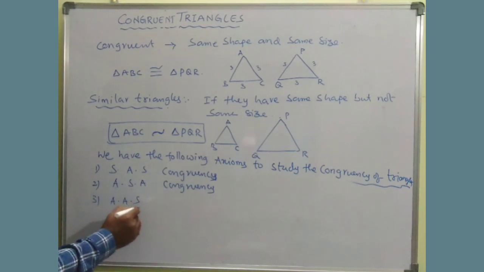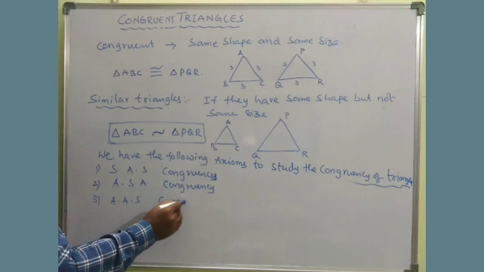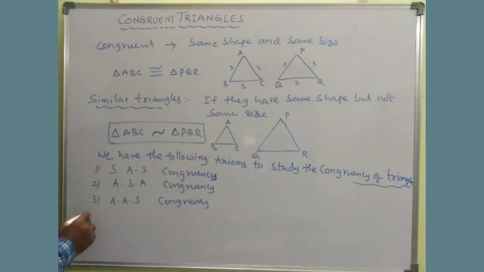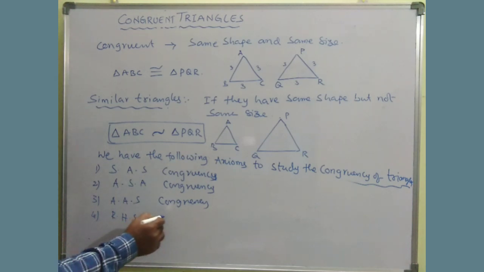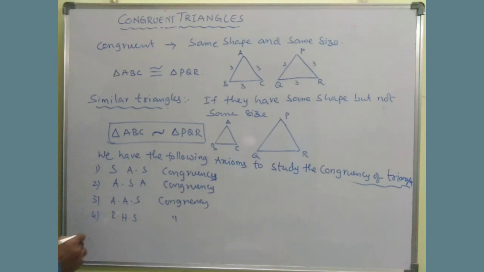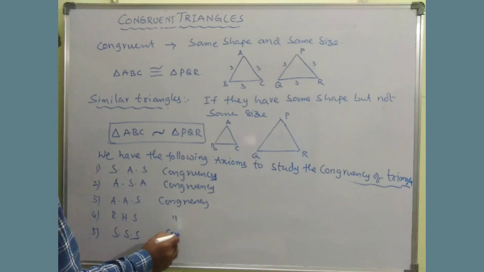Angle, angle, side congruency. And RHS, right angle, hypotenuse and side congruency. And fifth one, SSS, all sides congruency.